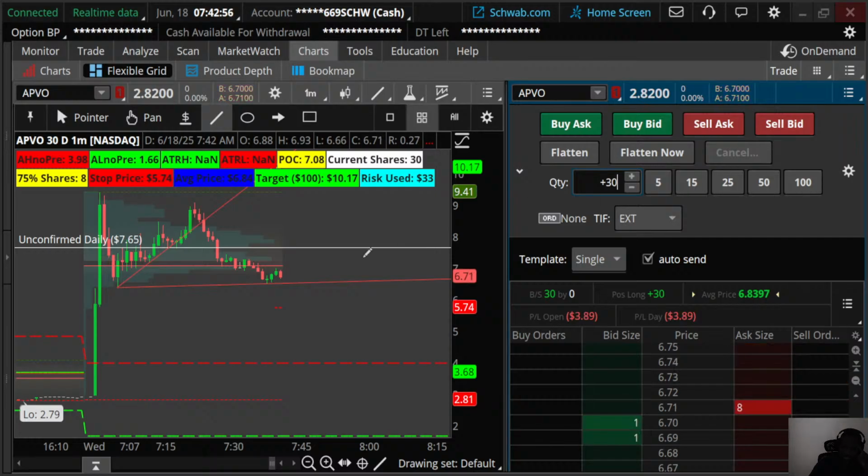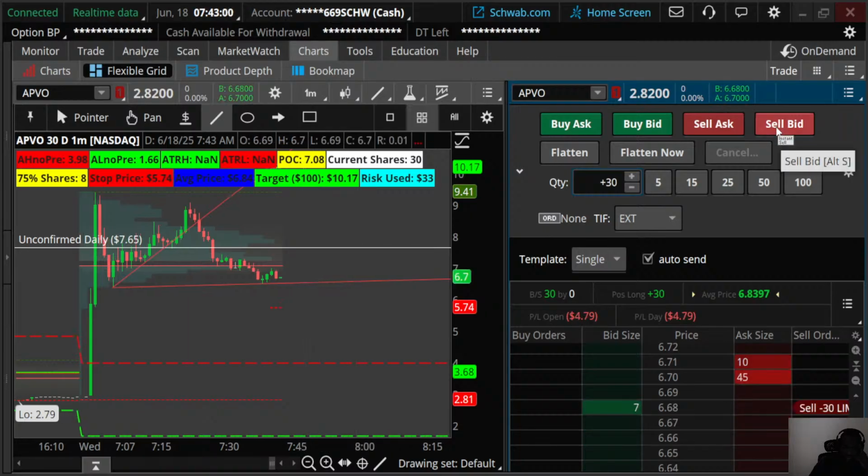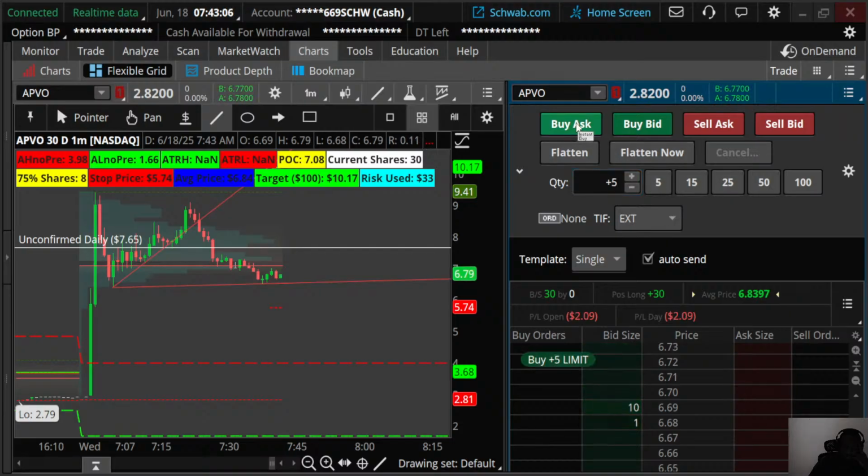Looking to add back if it can get back over these levels of the 6.92s. Can see 6.81s. I add into that. 7.0s.